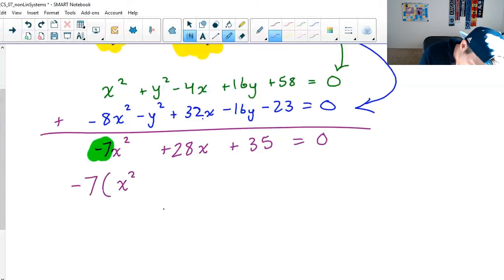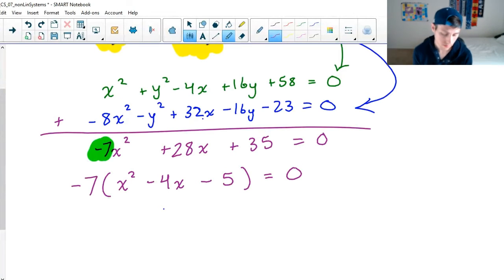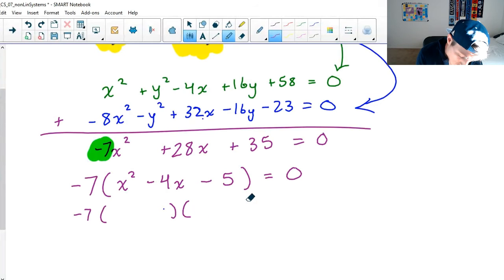If I take -7 out of 28, that'd be minus 4x. Take -7 out of 35, so minus 5 equals 0. And we'll factor, or at least try to factor.